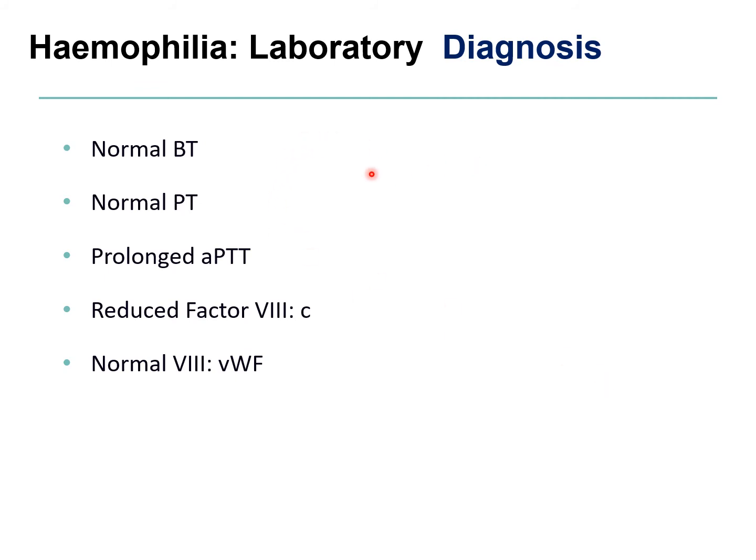So in hemophilia, you would expect a normal bleeding time, a normal prothrombin time, but a prolonged activated partial thromboplastin time. Also, the factor 8C levels in the blood plasma would be low. However, the von Willebrand fraction of factor 8 levels would be normal.